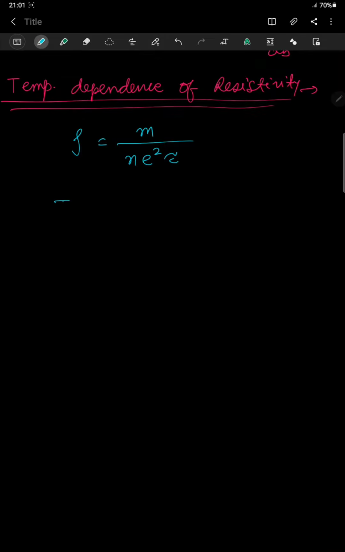Now if I increase my temperature, it is quite obvious that there will be more collisions, so tau is going to decrease. Since tau is inversely proportional to rho, rho has to increase. So with increase in temperature we find rho also increasing. This is a very important viva question, which we usually ask in the practical exams.